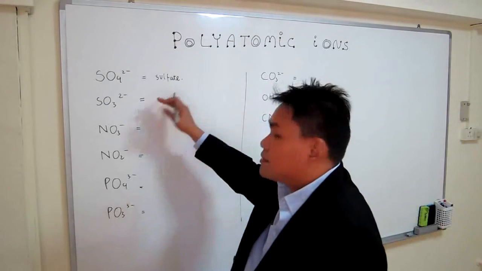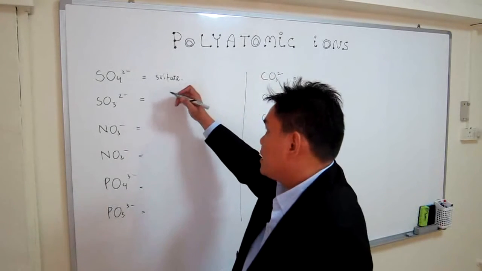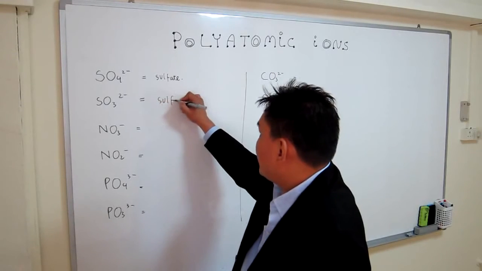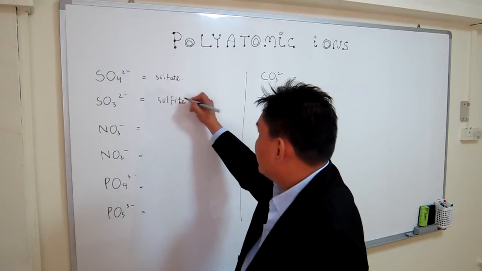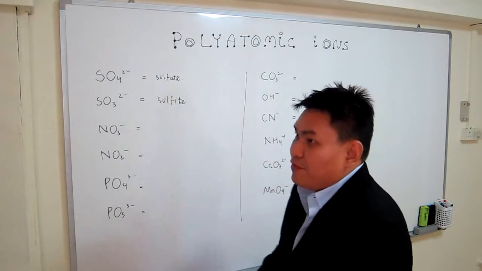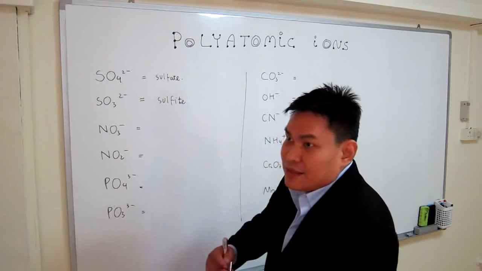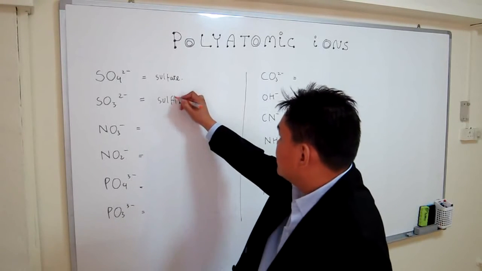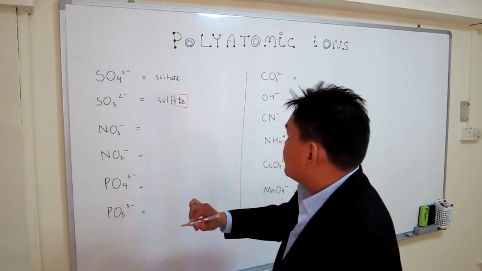SO3 2-. We seldom learn about SO3 2-. It is called sulfite, with T. Remember that sulfide with IDE is S2- only. So SO3 2- is called sulfite.